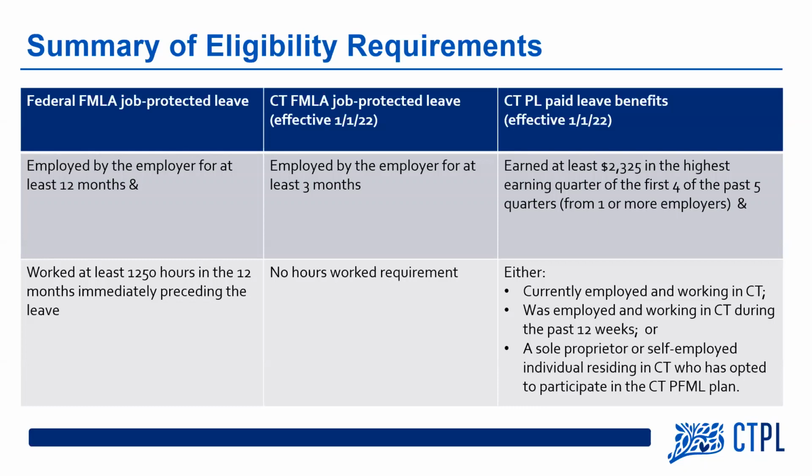They must have earned at least $2,325 in the highest earning quarter of the first 4 of the past 5 quarters. That's what we consider the base earnings period. That can be from 1 or more employers. So if you have a part-time employee, for example, and they work 2 or 3 part-time jobs, as long as they had met that minimum earning threshold from their covered employers, then they would meet that requirement.